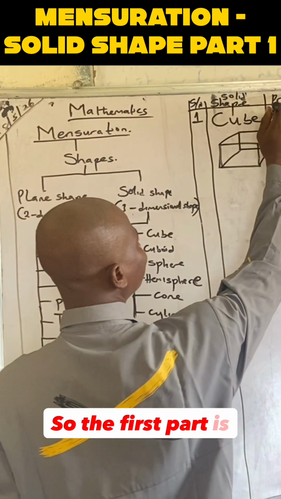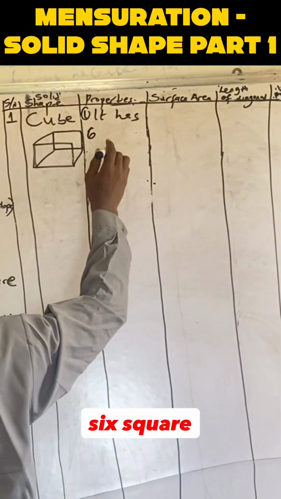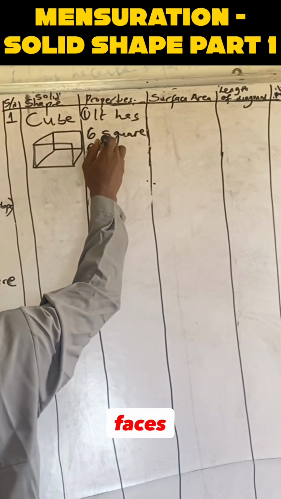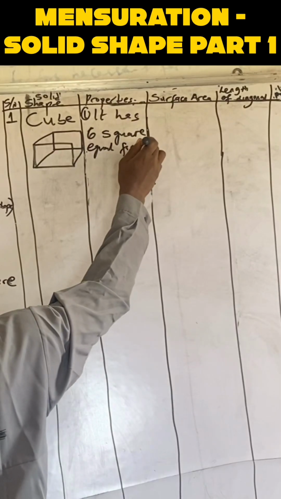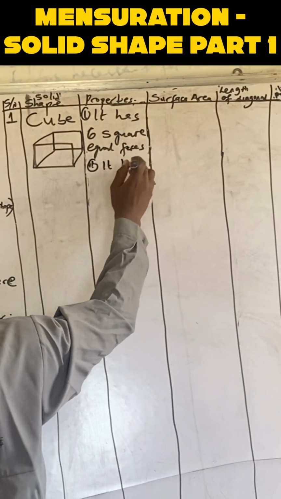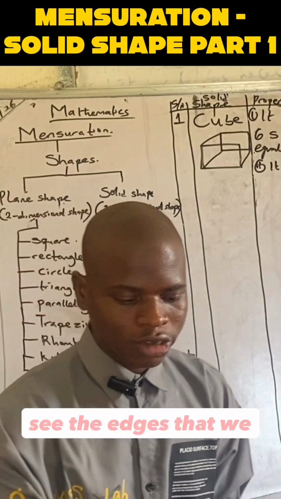So the first property is that it has 6 square equal faces. Second, how many edges does it have? If we look at this shape now, we want to see the edges that we are having here.